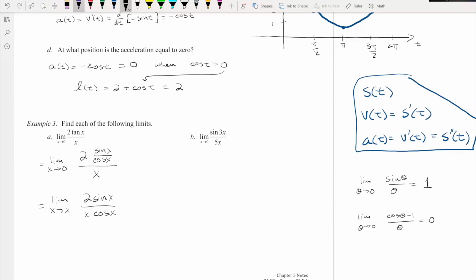All I did there was I multiplied here by cosine x and here by cosine x. And of course, those will cancel. And so now I'm going to split it up into two limits, limit as x approaches 0. I'm going to split it up this way.